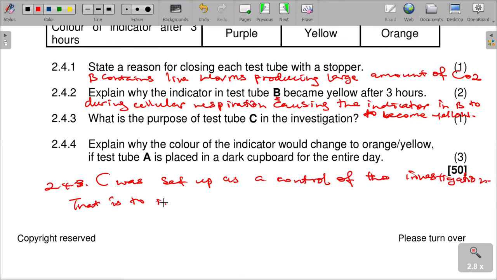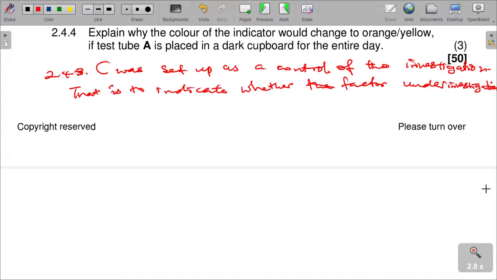As a control of the investigation, that is to indicate whether the factor under investigation is actually the one that caused the change.